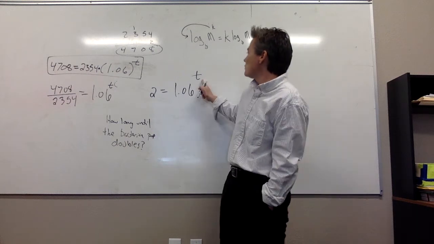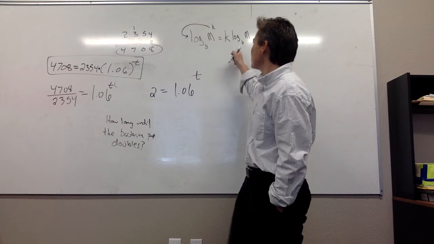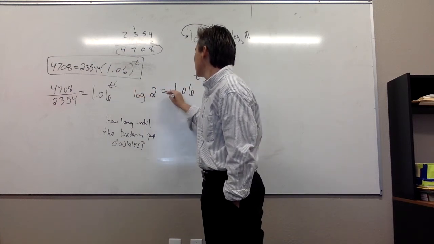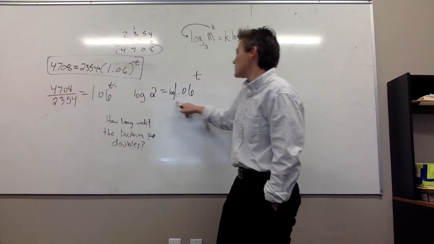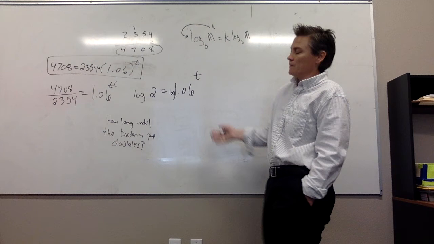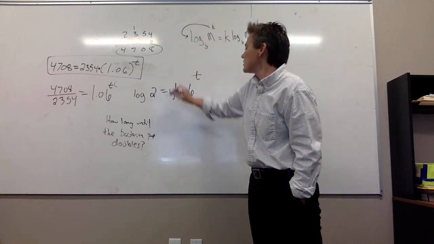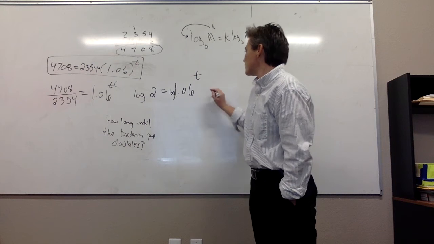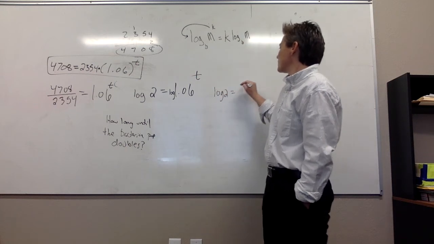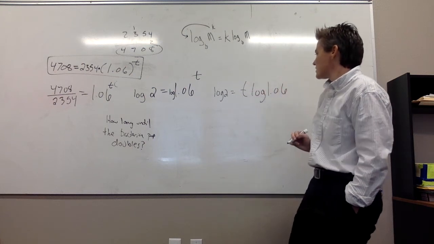All right, so we want to get this variable out of our exponent position. So we're going to take the log of both sides. Whatever you do to one side, as long as you do it to the other side, you still have an equivalent expression. Now we can use our property and bring this t down. So log of 2 is equivalent to t times the log of 1.06.